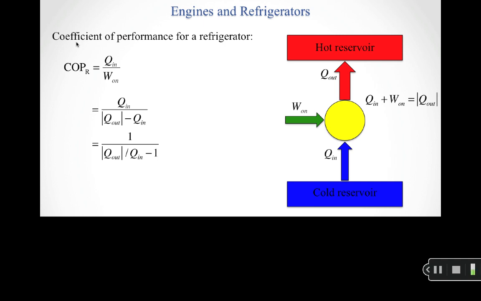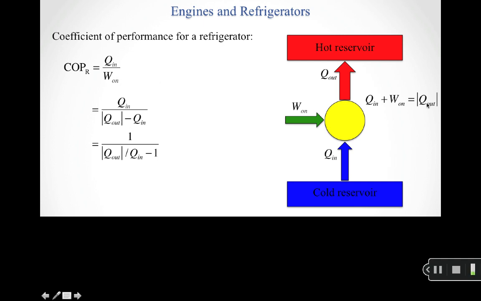The analog for efficiency with a refrigerator is the coefficient of performance. The coefficient of performance for a refrigerator is given by the ratio of how much energy I take in to the amount of work that I have to do on the system.